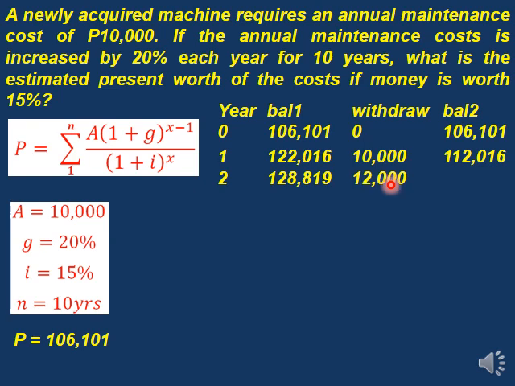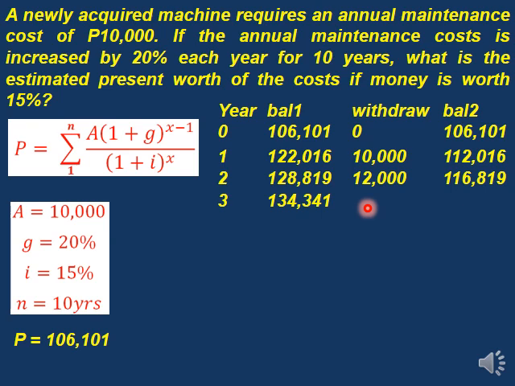That is 12,000. Deducting 12,000 from the balance in the bank will get 116,819. Now, we continue the process up to the 10th year. So here, we multiply again this amount by 1.15 and we get 134,341.